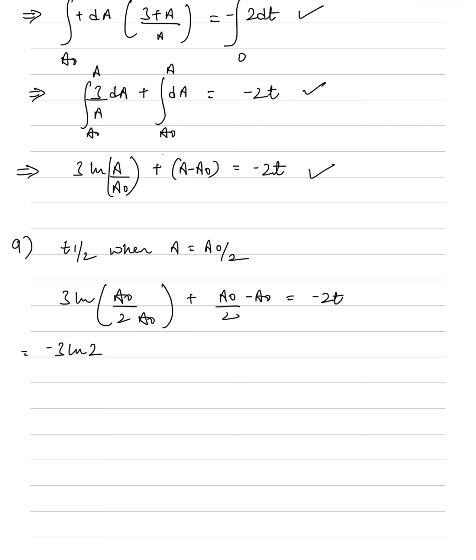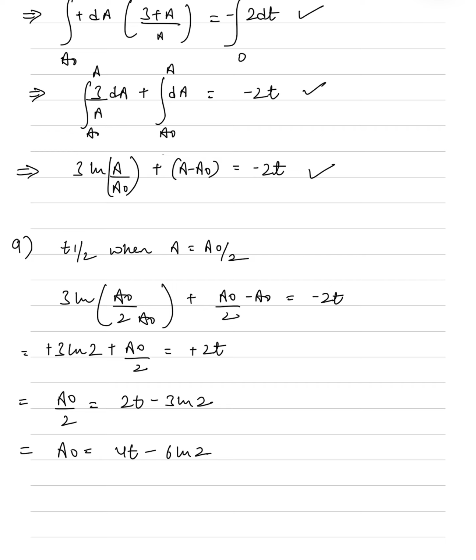So minus 3 ln2 minus A naught by 2 is equal to minus 2t, right? All the signs are negative, so we can easily make them positive by cancelling. So it will be A naught by 2 is equal to 2t minus 3 ln2, right? Finally, A naught is equal to 4t minus 6 ln2. This is the equation we have obtained.